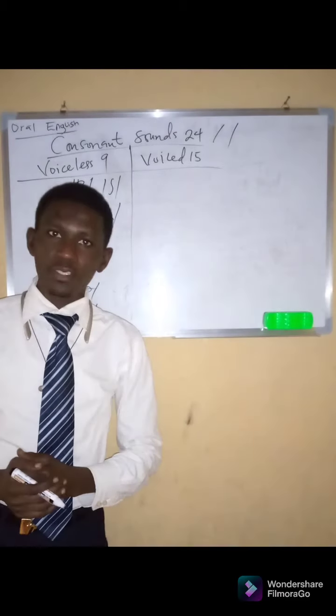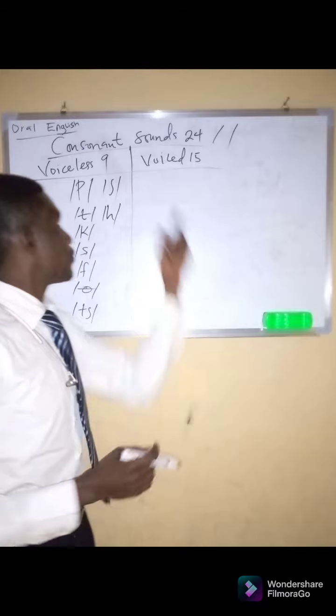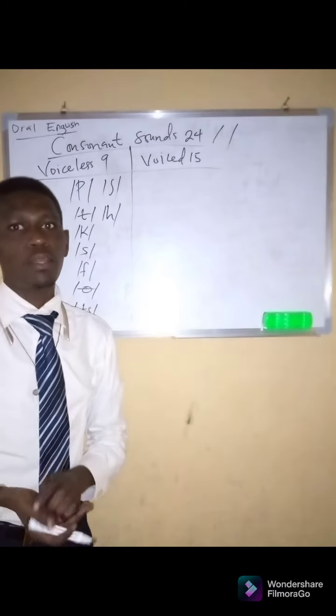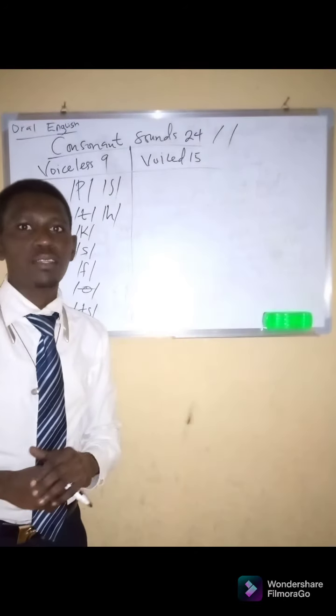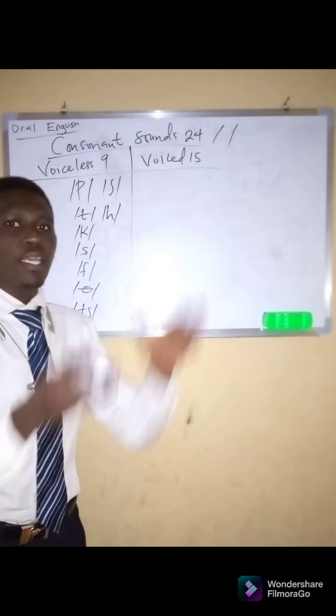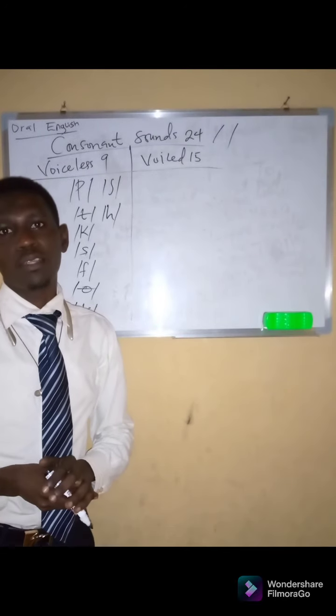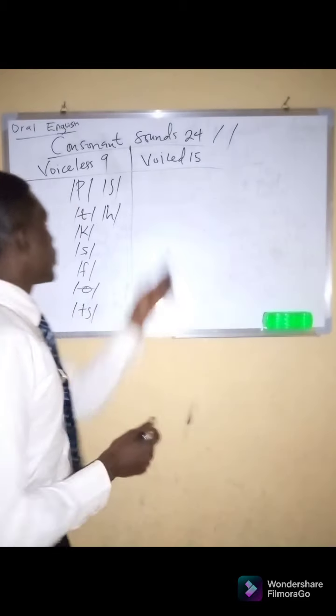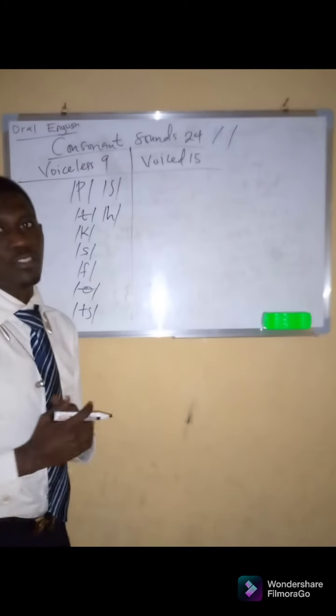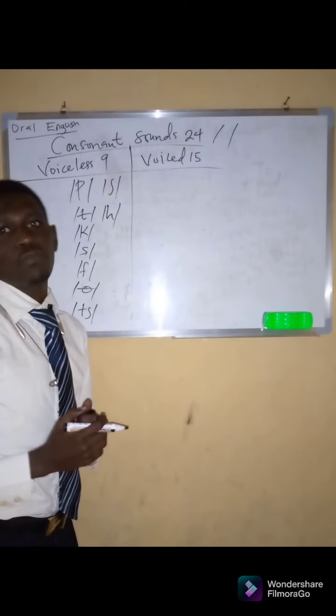Let's go back to the voiced consonant sounds. Remember, we say there are 15 in number. And like the voiceless consonants, the voiced consonants must also be in between the two slanted lines as they are also phonetic sounds. So the first one here is something which may look familiar.